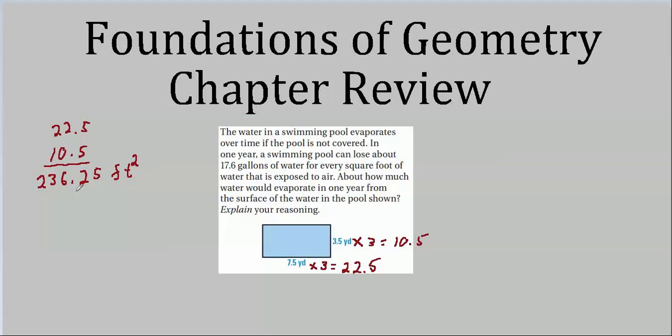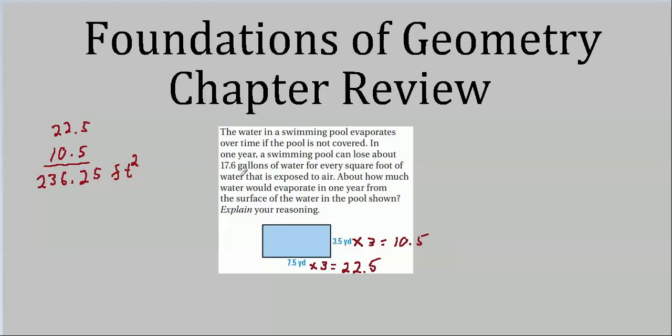Why did we want this? Well, we want to know how much water we actually lose in a year, just through evaporation. So we're going to have to take that number and multiply it by 17.6, because that's how many gallons of water is lost per square foot.